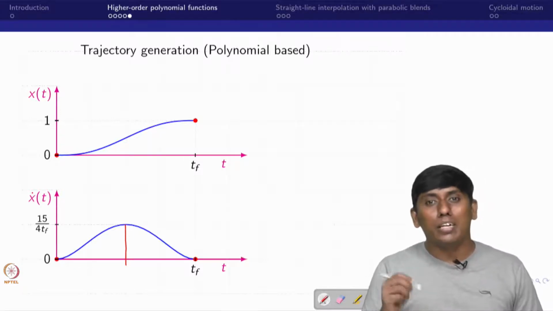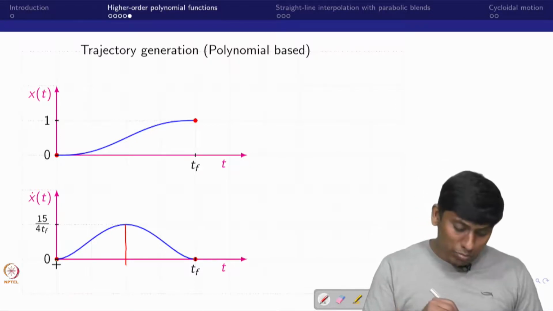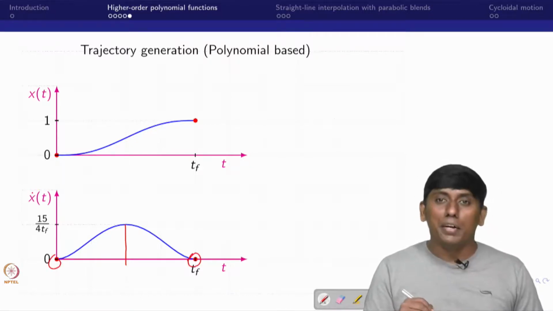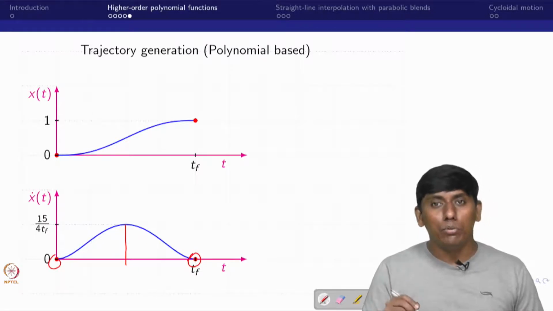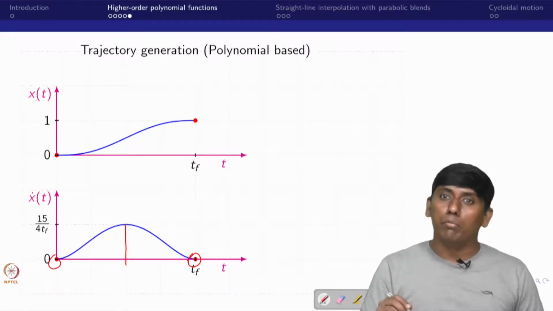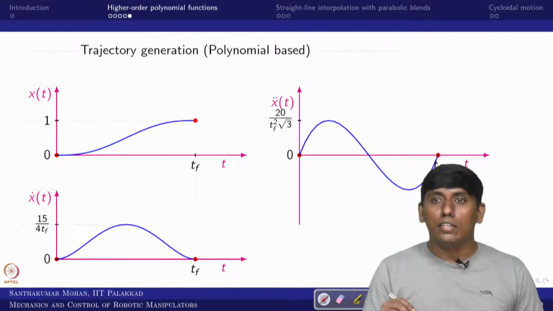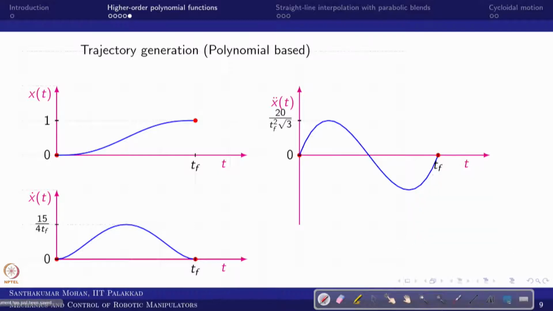But what can one expect from the acceleration constraint? If I assume 0 initial and final velocity, in the same way I can make the initial and final acceleration 0, or keep whatever I want. Right now I assume 0 initial and final acceleration. In that sense you can see it is a simple sinusoidal curve, which starts from 0 and ends at 0. Even if you start from some finite value, you will get only a sinusoidal acceleration.